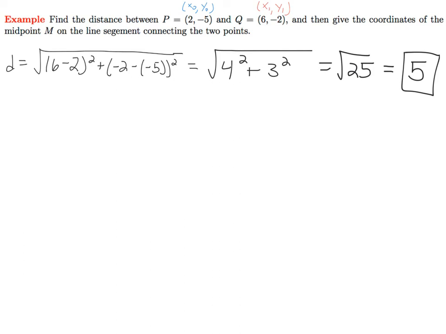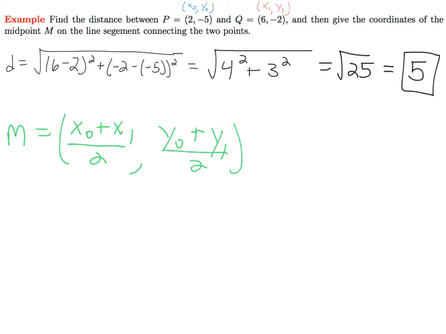To find the midpoint between these 2 points, remember we're going to go halfway between the x coordinates. So we're going to take x0 plus x1, divide by 2. That's going to tell me the x coordinate, and we're going to go halfway between the y coordinates. y0 plus y1 divided by 2.